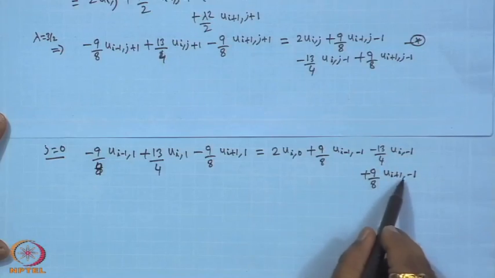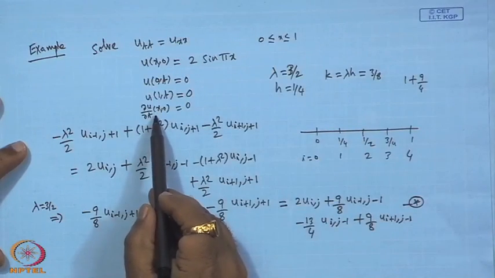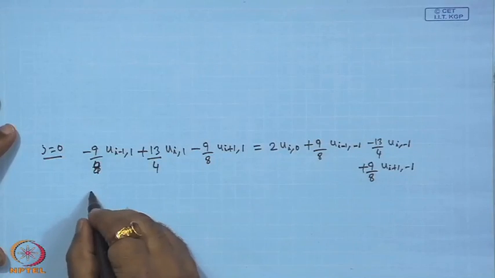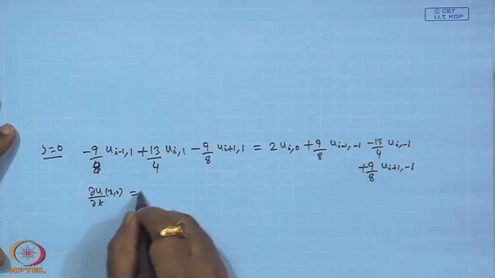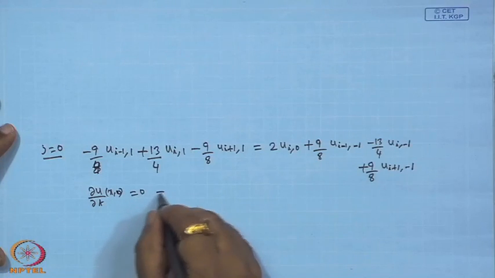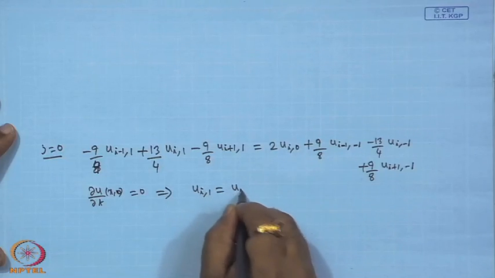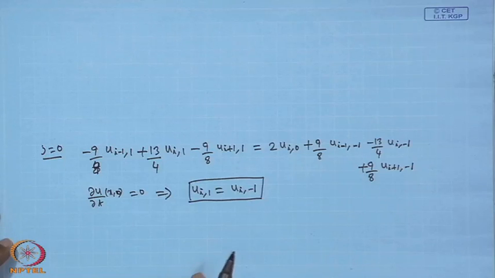So, these are the fictitious values. However, we have our initial condition. So, let us discretize that. So, this would give us u I 1 equals to u I minus 1. Okay.